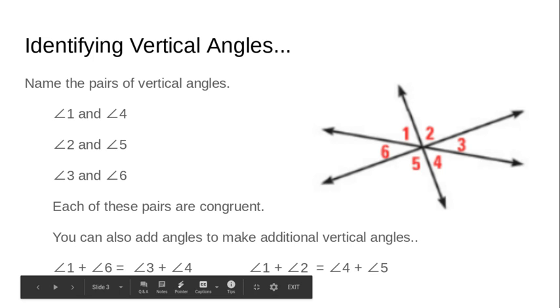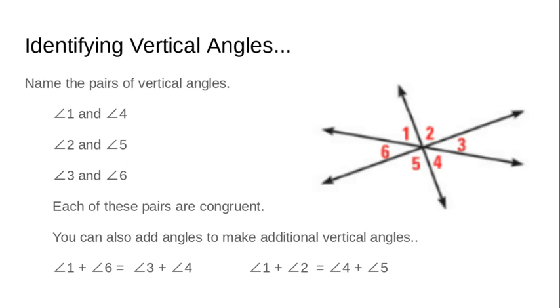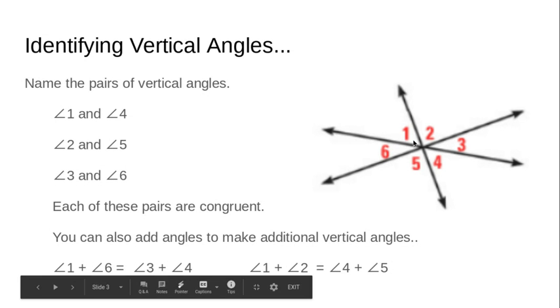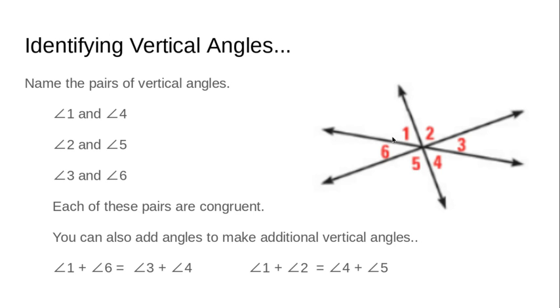When we look at this diagram, if I wanted to name all of the vertical angles, I'm looking for things that are opposite. So angle 1 is made by this line and this line. The other angle that's made by this line and this line is angle 4. So 1 and 4.